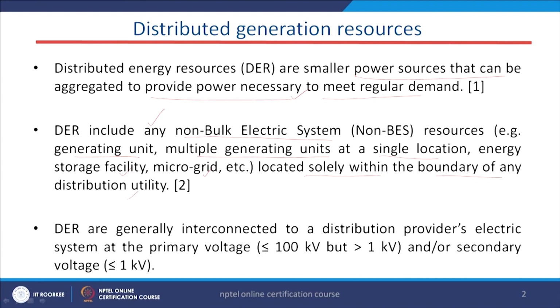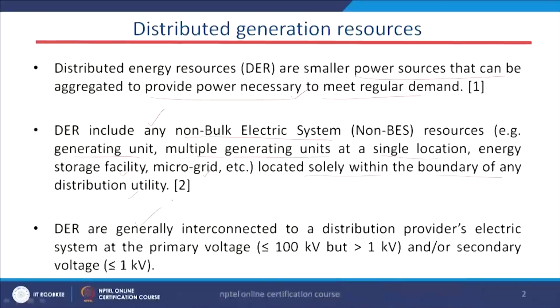To define it another way, DER stands for distributed energy resource, or sometimes we call it only DR, distributed resources. DRs means distributed resources and DERs means distributed energy resources.